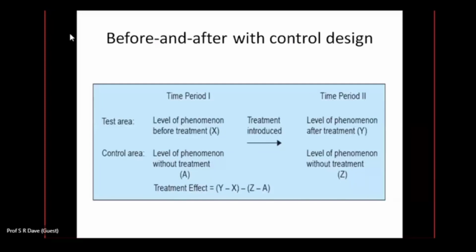We take the result before starting the experiment, and keep that control flask for 2, 3, 4 days, whatever days we keep the test flask. Then we take the reading, and that is A and Z. So the real outcome of the result is Y minus X minus Z minus A. If you are not doing the experiment like this, then you are missing some data, and that will affect your final result.